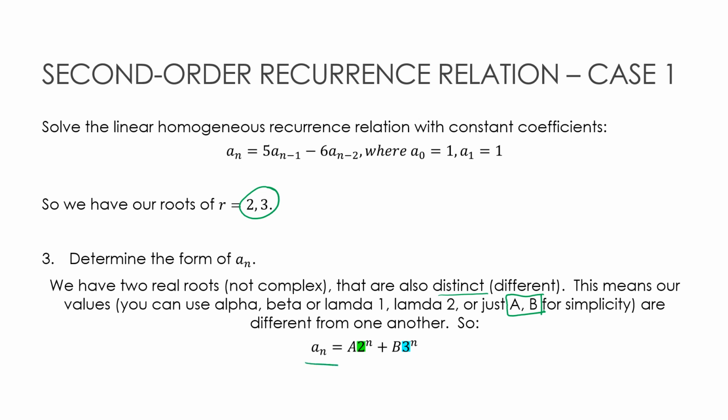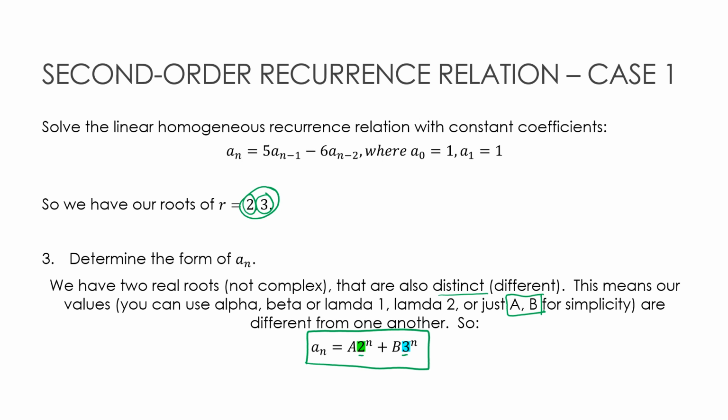If we have different roots, it's going to look like this, and if you'll notice, I'm using the root of 2 and the root of 3 here in my question. I also have my values of a and b, which I don't know the values for yet, but obviously that's going to be what I do in my next step, is solve for a and b.